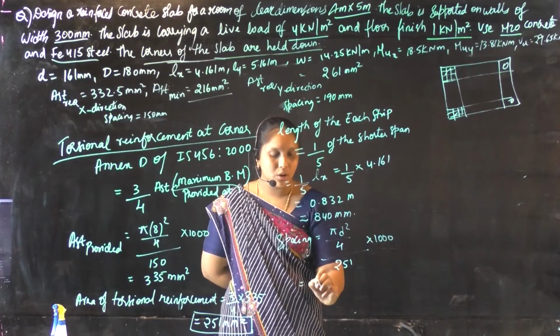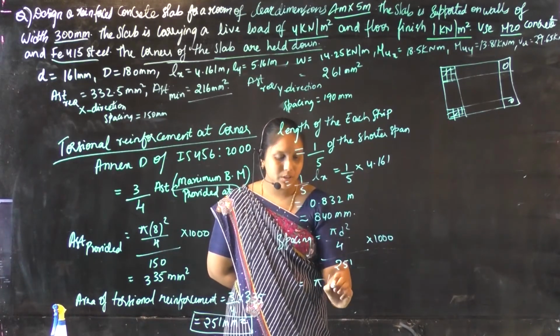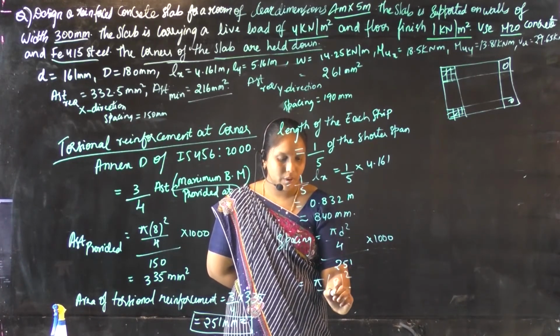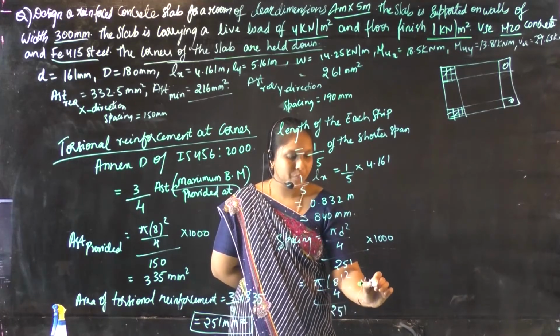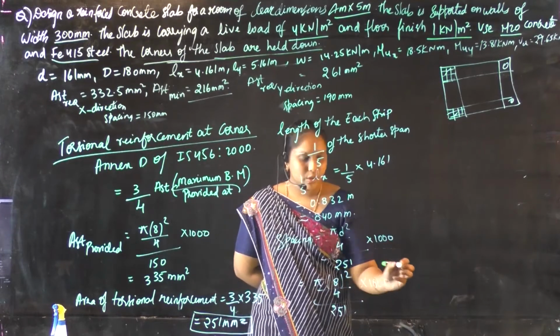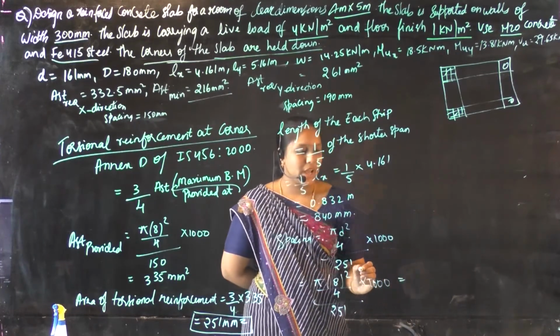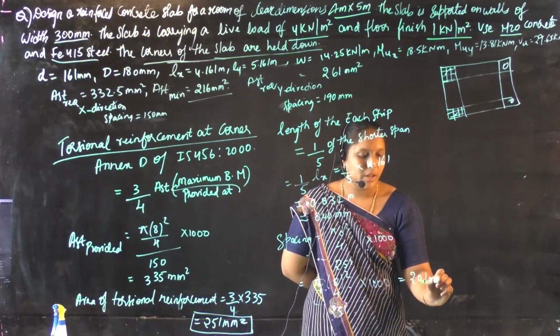So here also let us provide 8 mm dia bars. So pi into 8 whole square divided by 4, divided by 251, into 1000. If you solve this, you'll get a spacing of 201 mm.